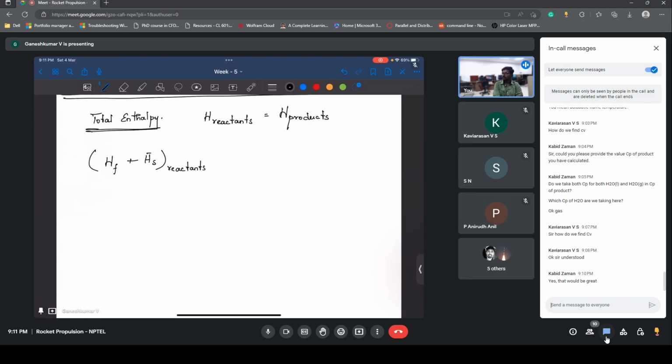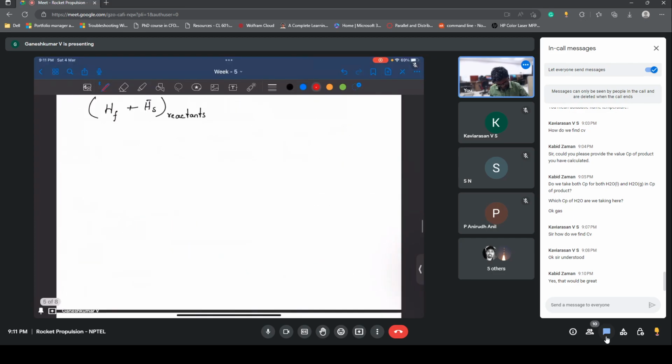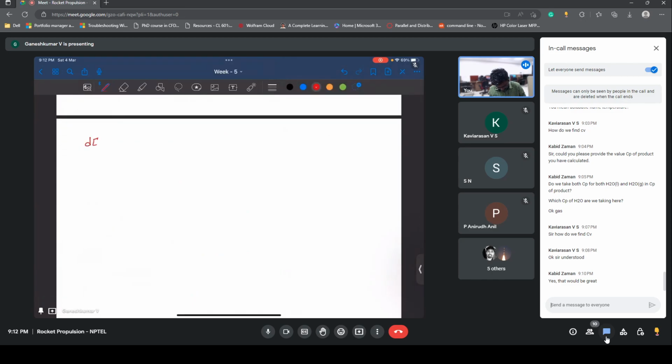Okay. So you considered this as a constant pressure system, right? So what is the first law of thermodynamics? It's going to be dE is equal to delQ minus delW, right? This is the first law of thermodynamics.